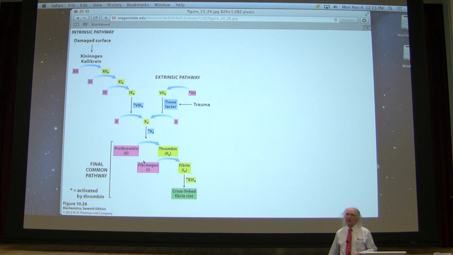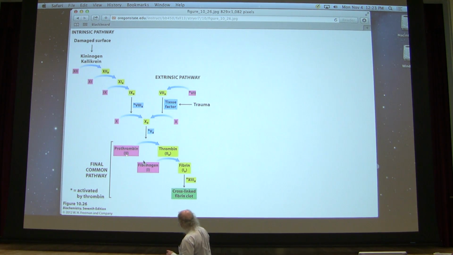It's converted into fibrin by action of a protease known as thrombin. Well, thrombin, not surprisingly, is also made in an inactive form called prothrombin. Prothrombin is converted into thrombin by this converging protease up here, Xa.